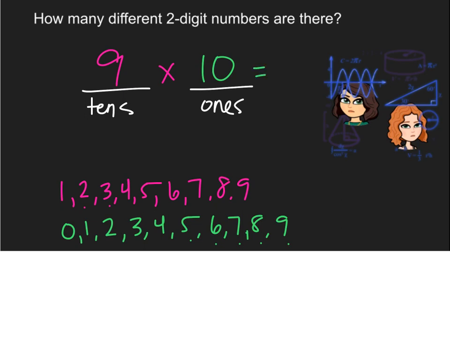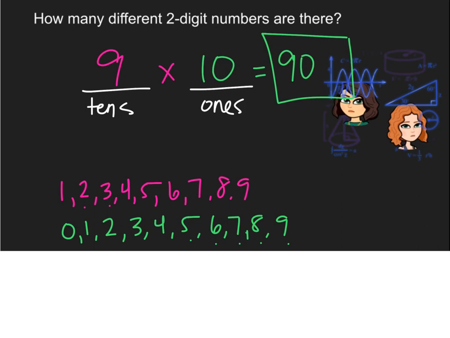And then 9 times 10 is 90. There are 90 2-digit numbers. Think about it, right? If we're really going like 10 through 99, if you counted those up, you would get 90 of them. We don't want to count them up. We want to just use our fundamental counting principle. So this is how you do that.